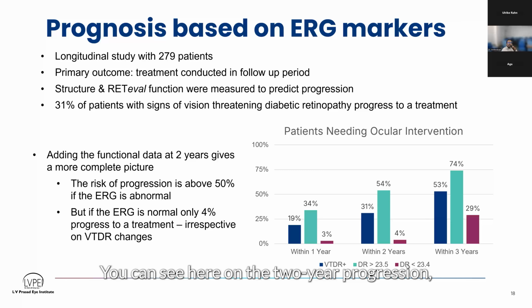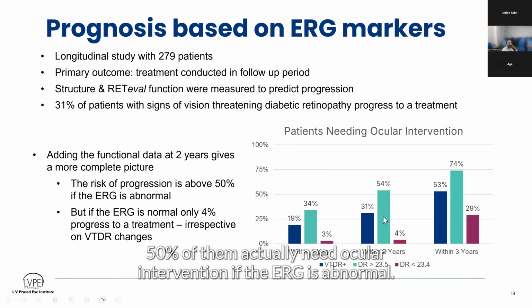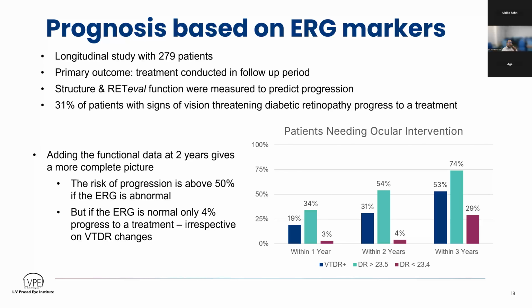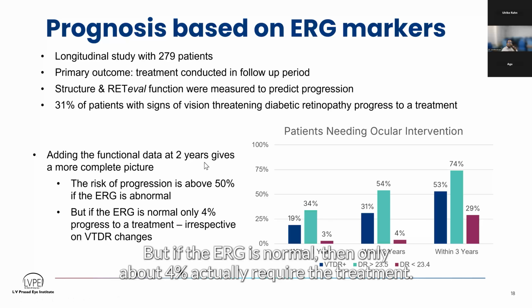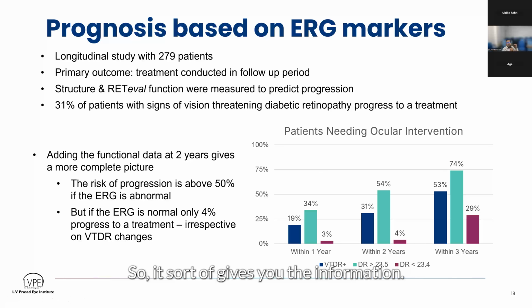If the ERG is abnormal, what proportion of these individuals potentially require treatment? You can see here on the 2-year progression, 50% of them actually need ocular intervention if their ERG is abnormal. But if the ERG is normal, then only about 4% actually require the treatment. So it gives you the information.